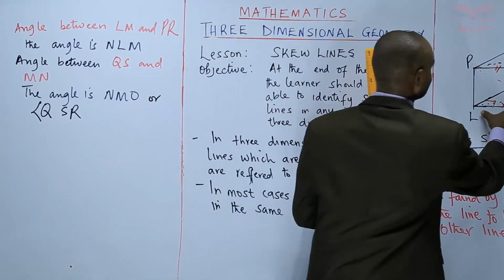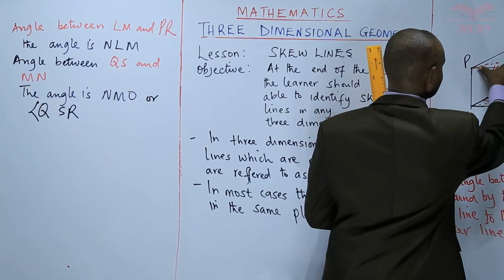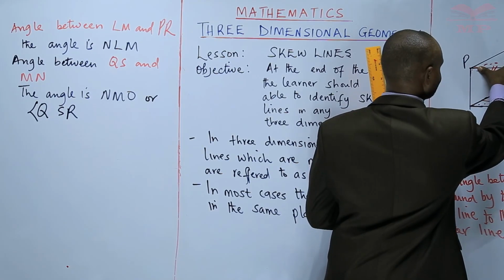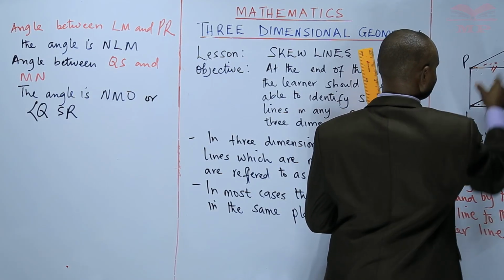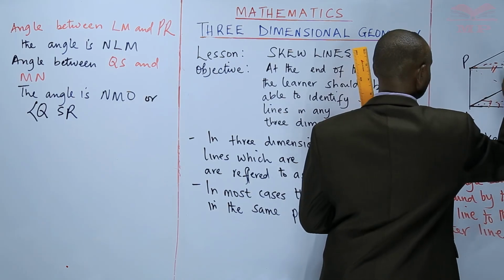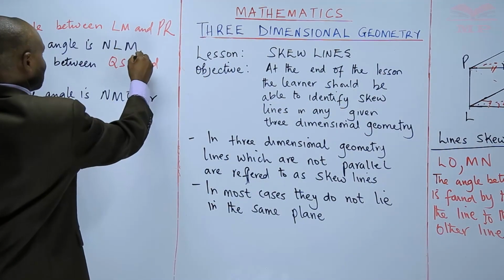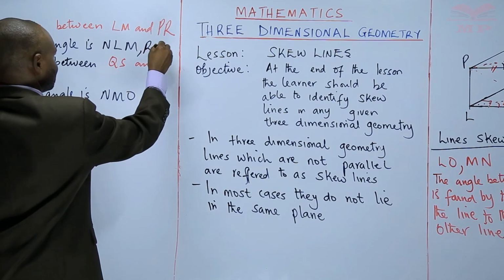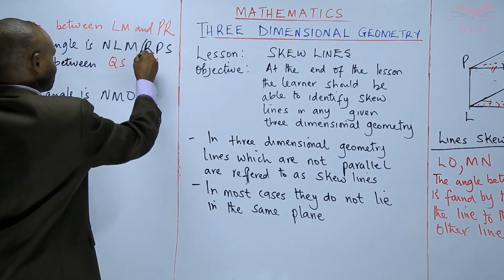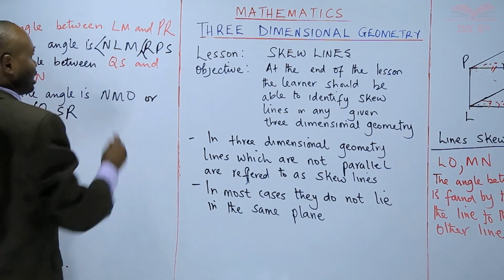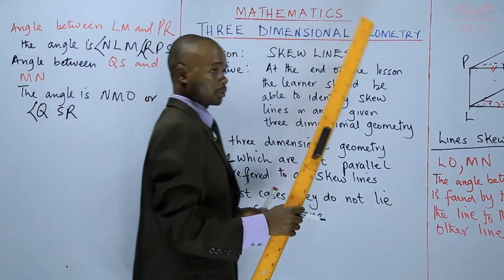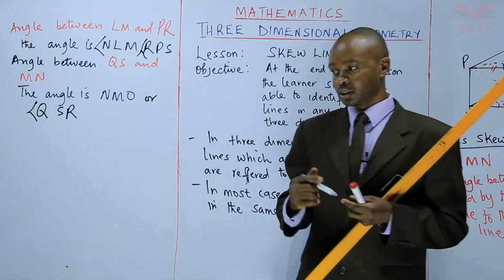We can still translate LM to the plane of that other line. You'll find this angle RPS. That will still be another angle between those two skew lines.